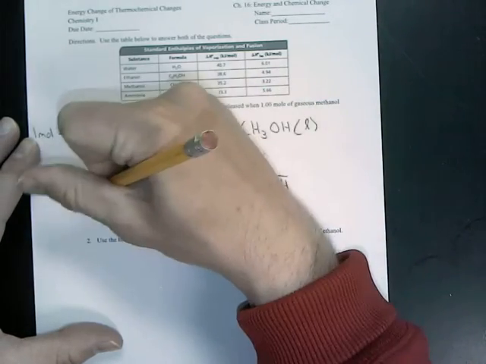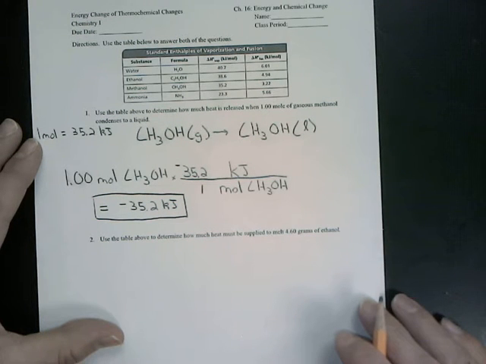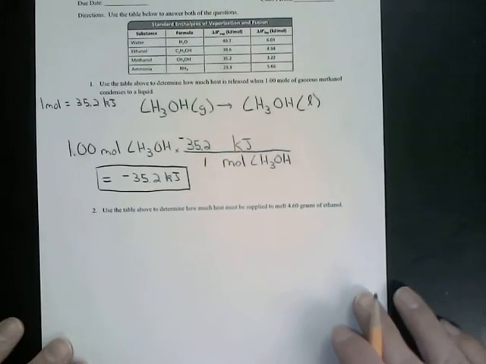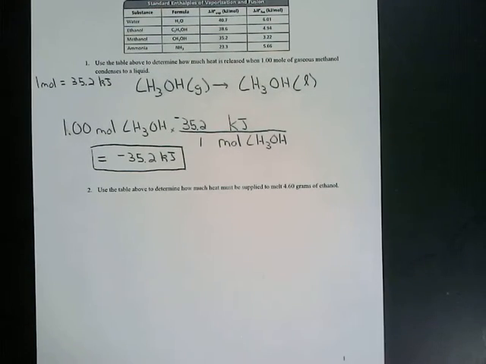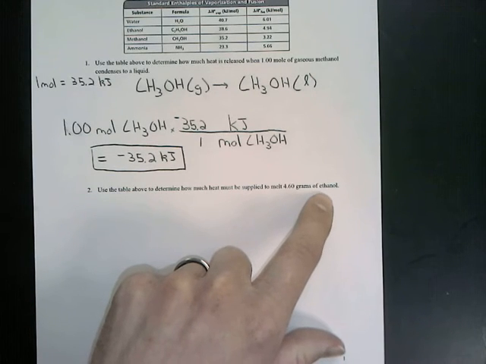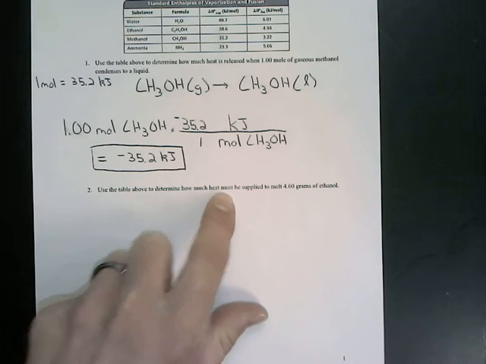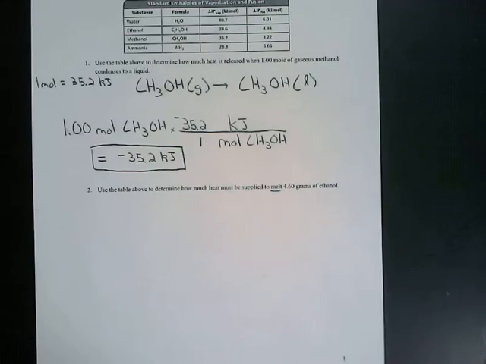Now, what I have done is made this relatively simple, and in reality, you're probably not going to have 1 mole of something. So now we're still dealing with our substance here, but now with ethanol, and we have to figure out how much heat must be supplied to melt ethanol.